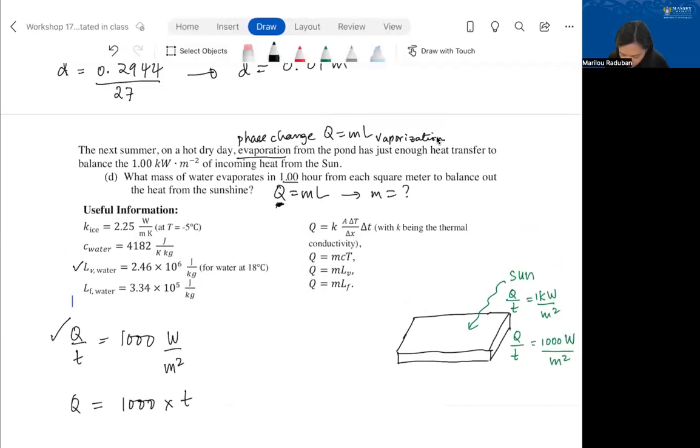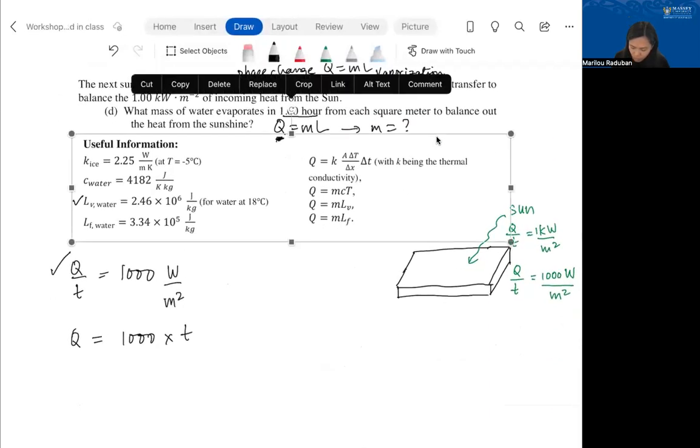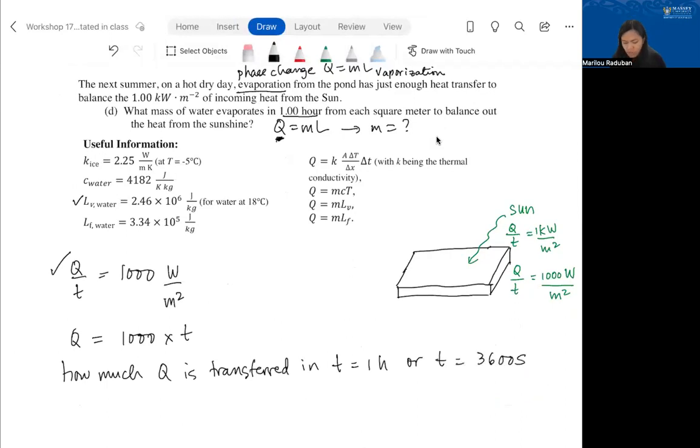The problem says 1 hour of time. 1 hour is 3,600 seconds.